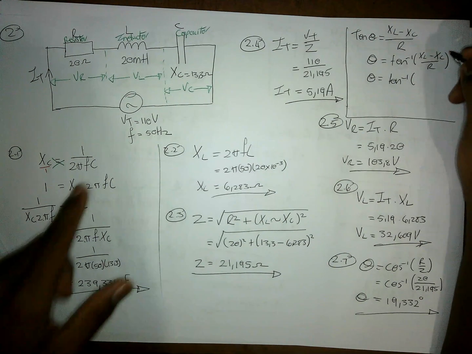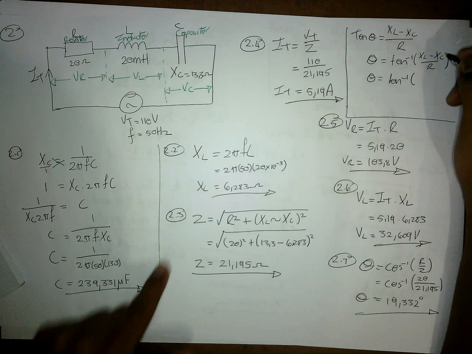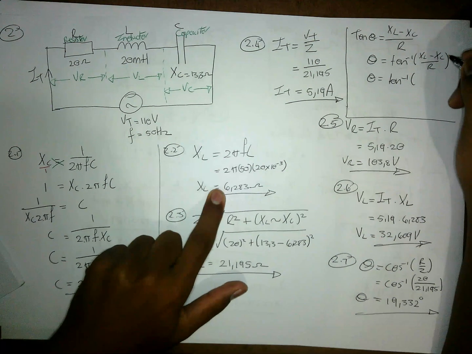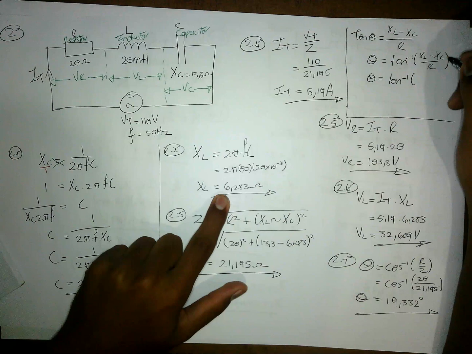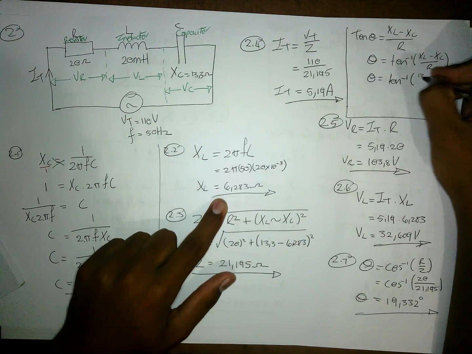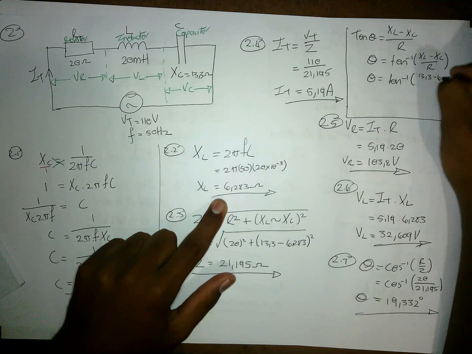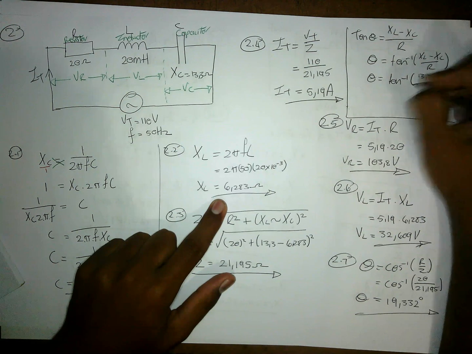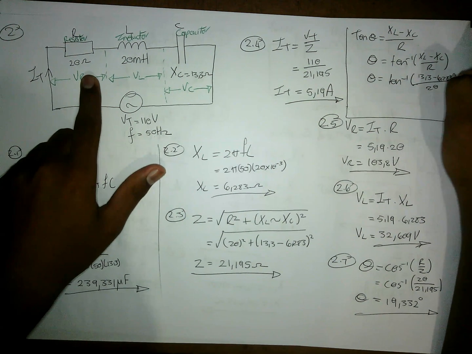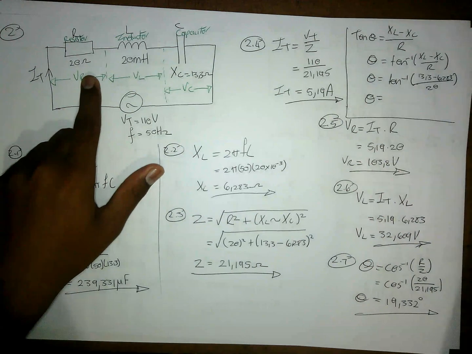Our XL is smaller, so let's put our XC first. XC is 13,3 minus 6,283 over R, which is 20, equals 2.